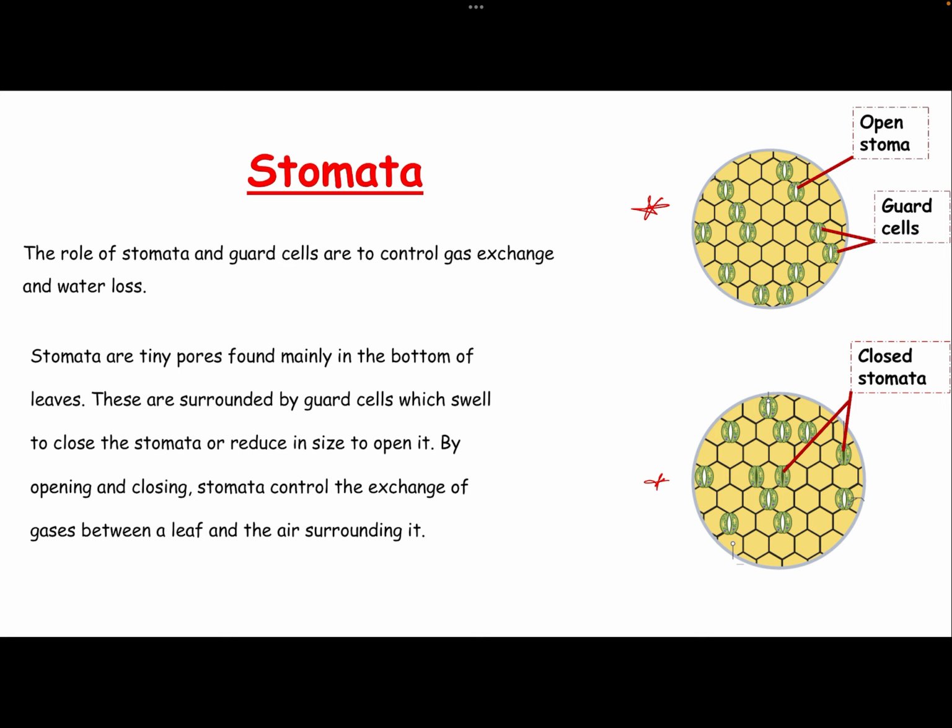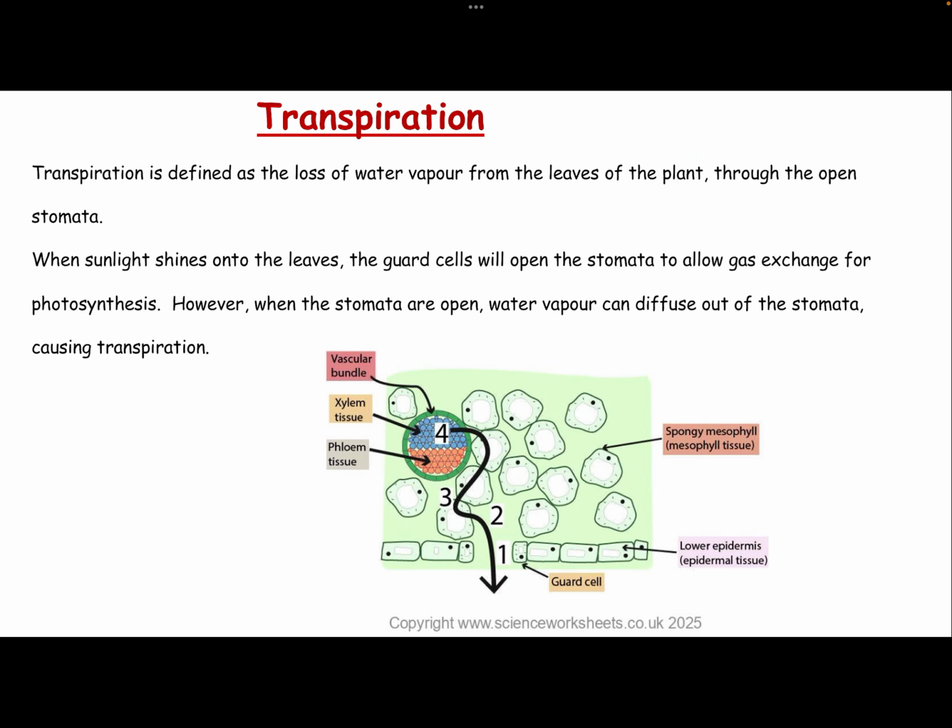So whenever you find most of them open, like diagram 1, it means the conditions are perfect. In diagram 2, it means that certain conditions are absent. You could have high humidity, lots of moisture in the air, so there's very little to exchange with the surroundings, and so on.